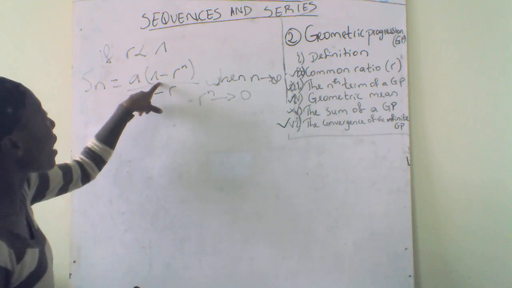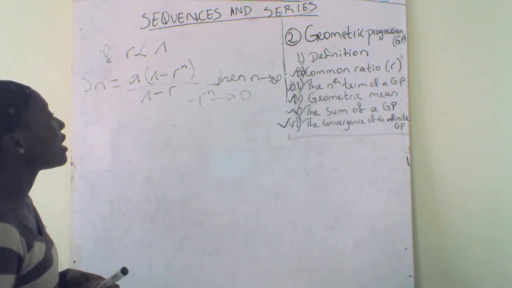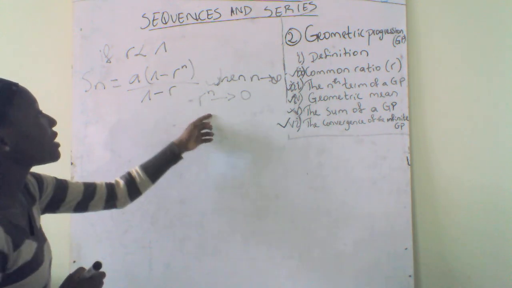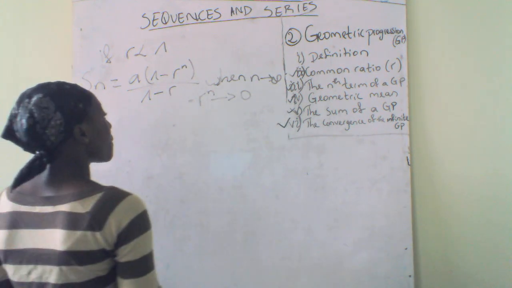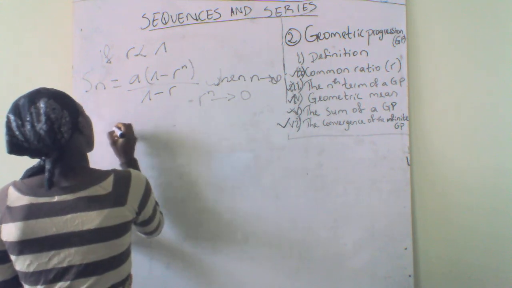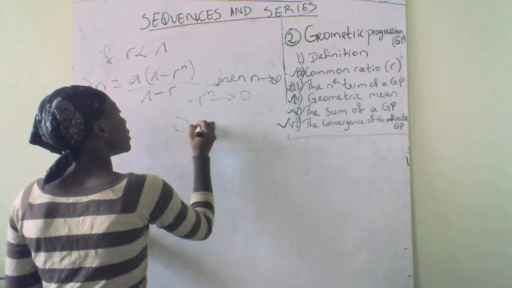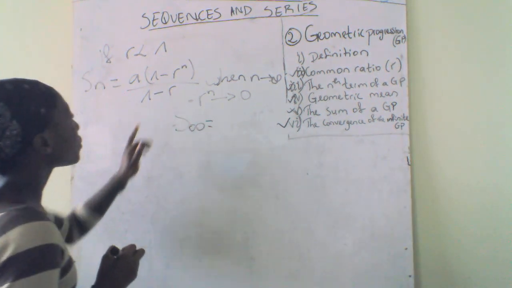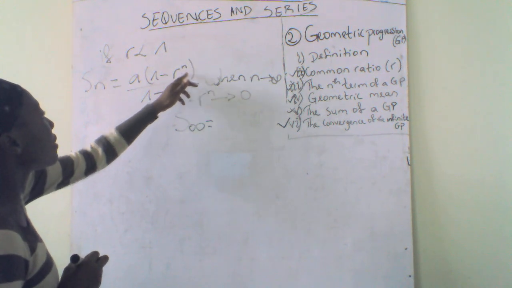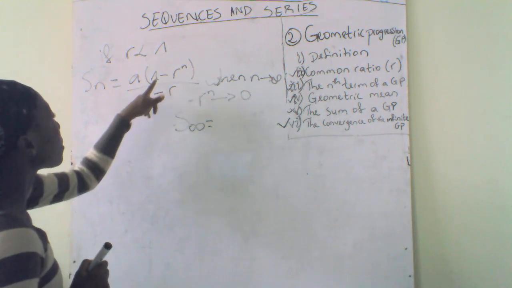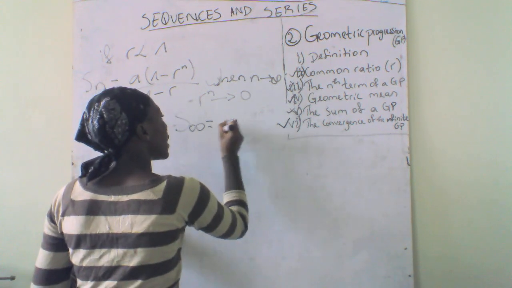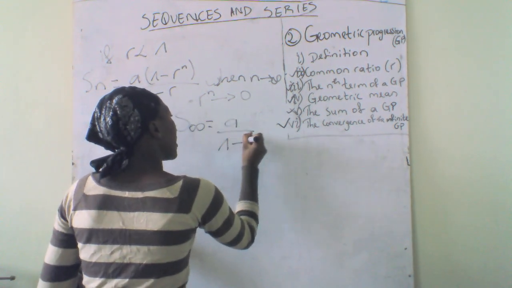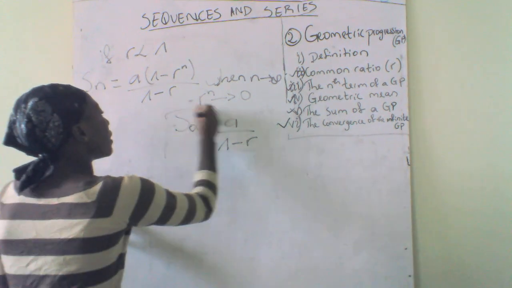So the sum to infinity will be equal to, if r^n turns to 0, 1 minus 0, and a times 1, which becomes a over 1 minus r.